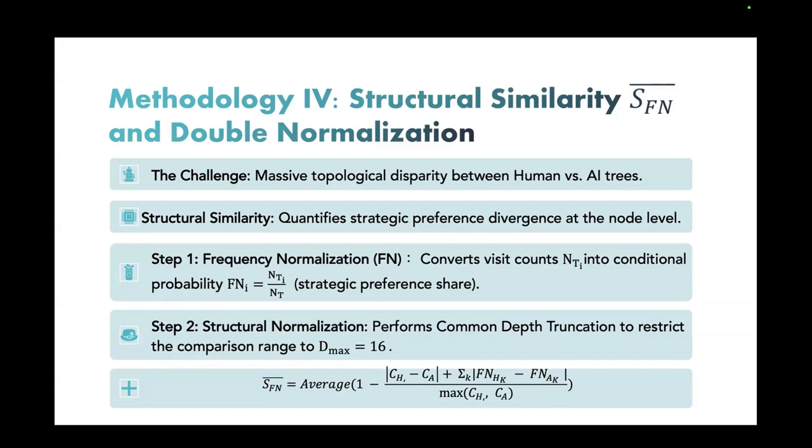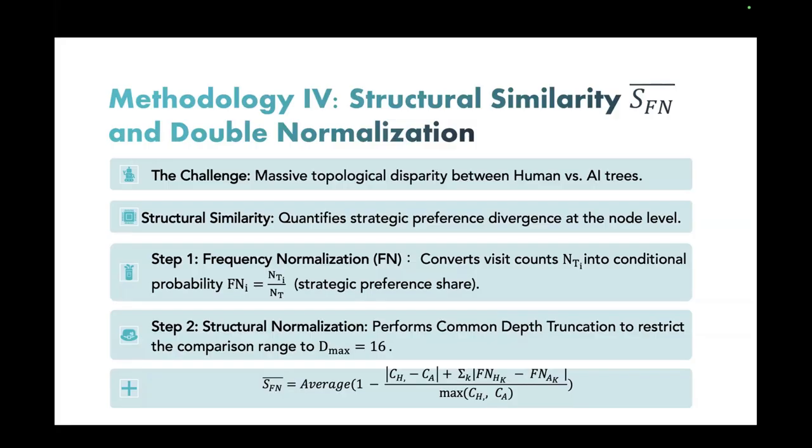This involves two steps: frequency normalization, converting raw visit counts into strategy preference shares, eliminating the bias from different total game counts; and structure normalization, performing common depth truncation, strictly limiting the comparison range to depth equals 16 plies. This focuses the analysis on the core strategy space shared by both sides.